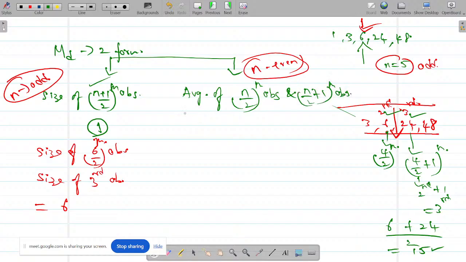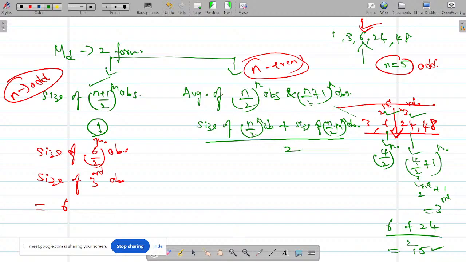If nothing is mentioned, average means we take the arithmetic mean. So this is size of n by 2th observation plus size of n by 2 plus 1th observation, divided by 2.